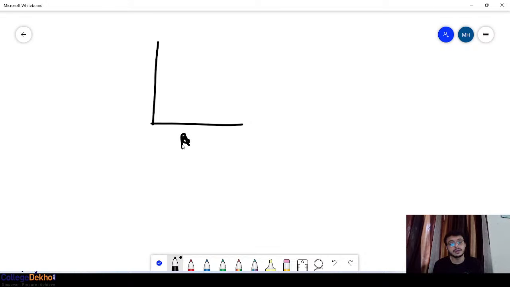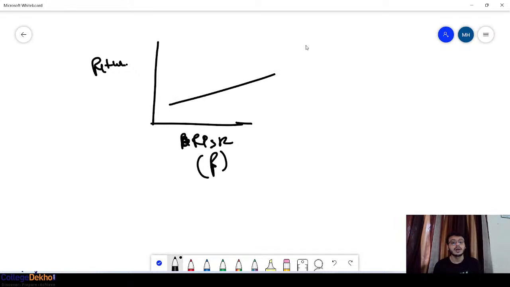Here you will have your risk, which is your beta risk, your systematic risk, and here you will have your return. And here you have a line. It says the higher the risk you are taking, the higher the expected return you are getting.